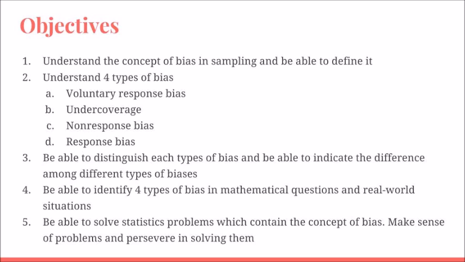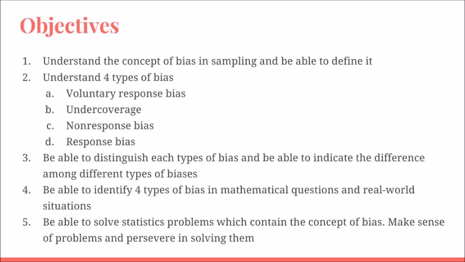And then you guys will be able to distinguish each type of bias and indicate the difference among different types of biases. As well, you will be able to identify 4 types of bias in mathematical questions and real-world situations. Also, you should be able to solve statistics problems which contain the concept of bias, make sense of problems, and persevere in solving them.